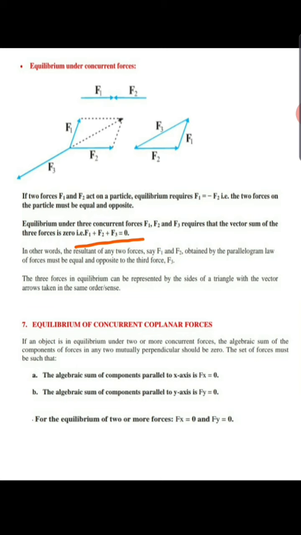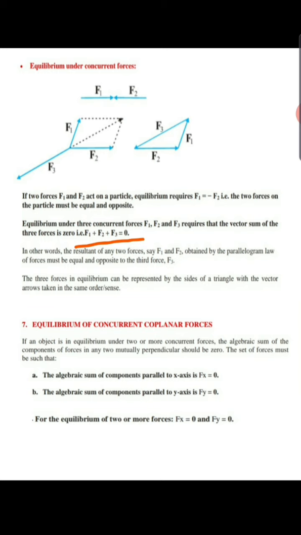So when the forces are acting in a plane, we have to consider the two components separately, or the forces should be balanced in x and y directions separately for the particle to be in equilibrium.